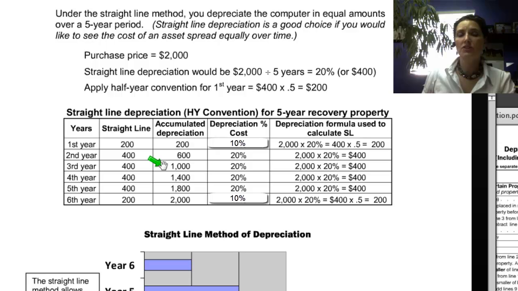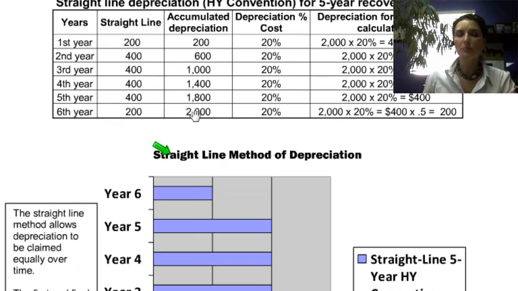In the third year, your depreciation deduction is $400, and your accumulated depreciation would increase to $1,000. In the fourth year, your depreciation deduction is $400, your accumulated depreciation is $1,400. In the fifth year, you get $400 more, bringing your accumulated total to $1,800. And in the final year, you get that final $200, and the total accumulated depreciation is the same as the cost of the asset, $2,000.